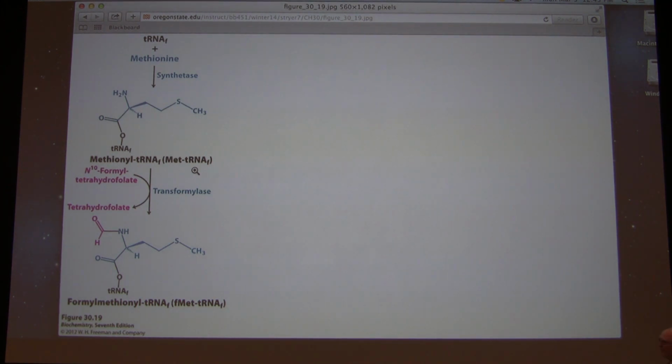The very first methionine does not go in as simple methionine. It goes in as what's called formyl-methionine, or F-met. Meaning it has a formyl group, which is shown in red right there, that's been attached to the amino end of the methionine. Why does that happen?